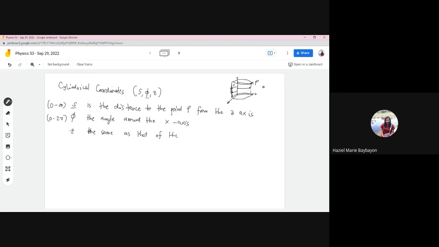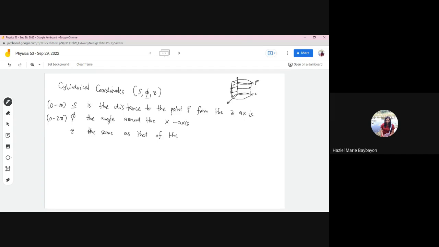And we can also express this in terms of the spherical polar coordinates R, theta, and phi. So aside from the spherical polar and the Cartesian coordinates, we can also define it in terms of cylindrical coordinates.